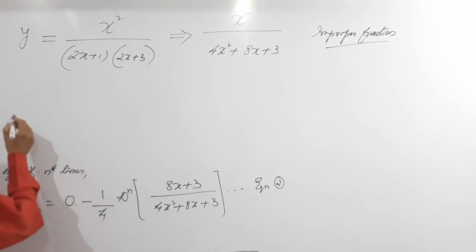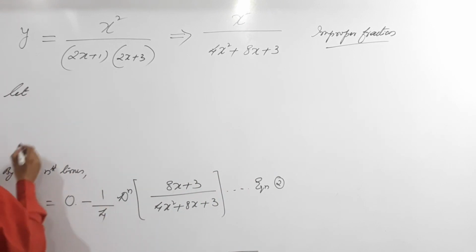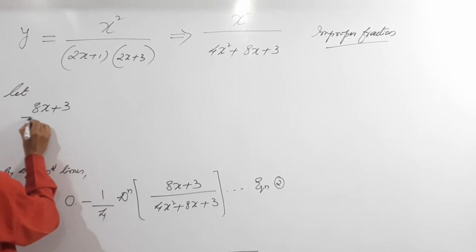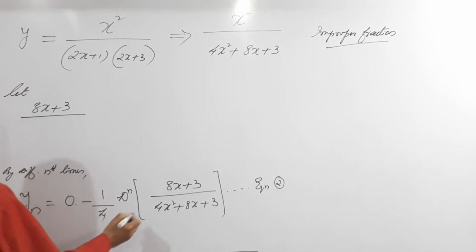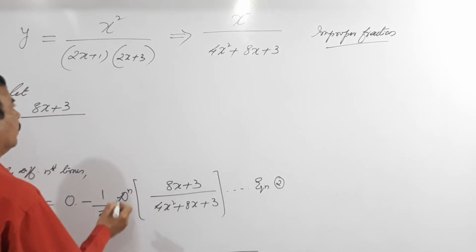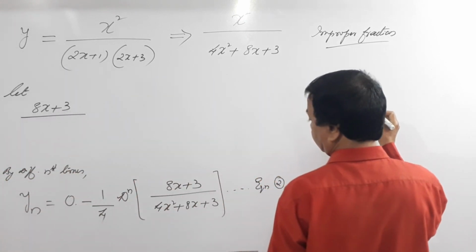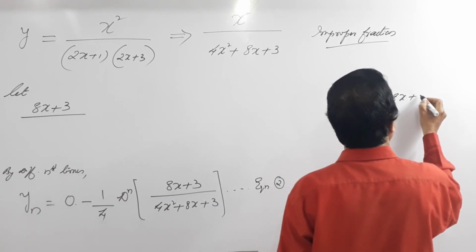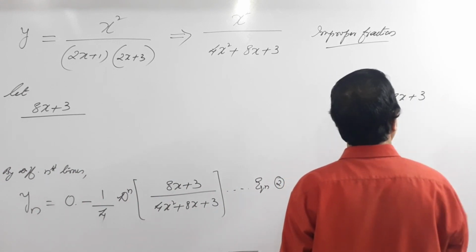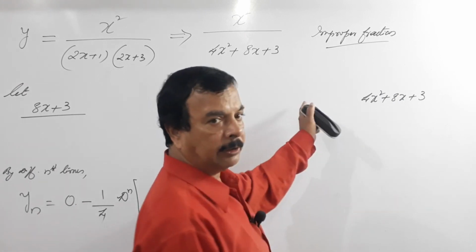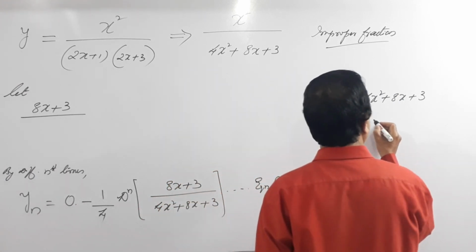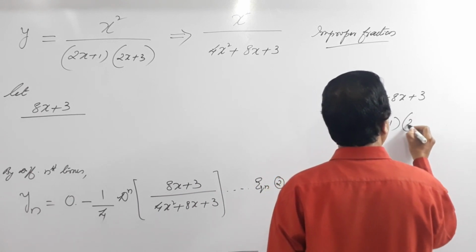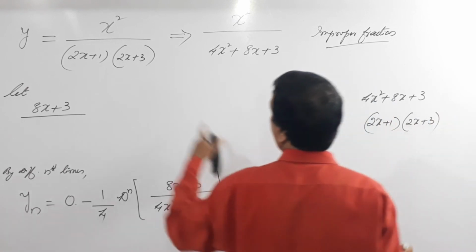So let 8x plus 3 by 4x square plus 8x plus 3, I'll factorize this, isn't it? So we have done this. So this becomes 2x plus 1 into 2x plus 3. Same thing we have done earlier.